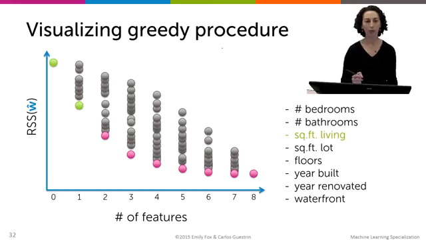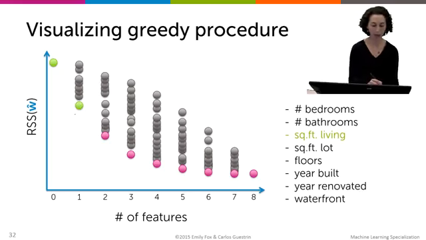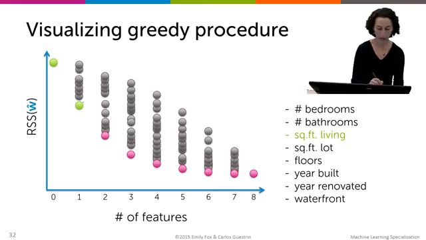And then we're going to search over all our features and choose the one that reduces training error the most. Which one is that going to be? Well, it's actually going to be the same one we got for all subsets, because when doing all subsets and looking over all models of one feature, we have the same choice of choosing the best single feature, even though we're doing this greedy procedure. When we start with the empty set, our first best feature is going to be the same as the best feature you would get doing all subsets.